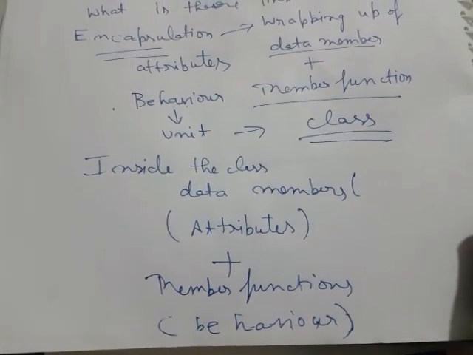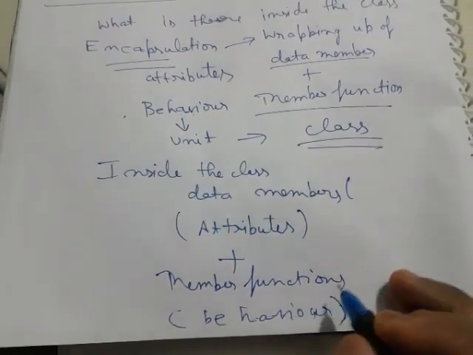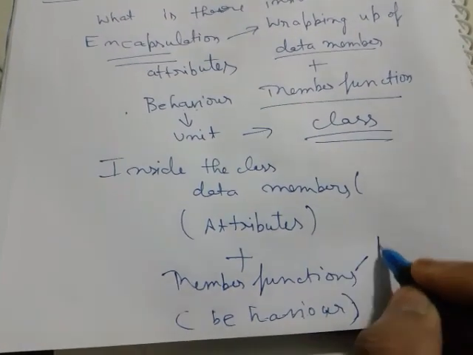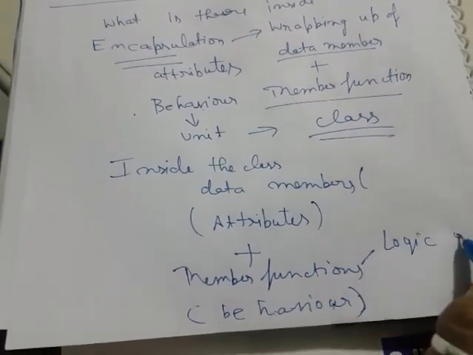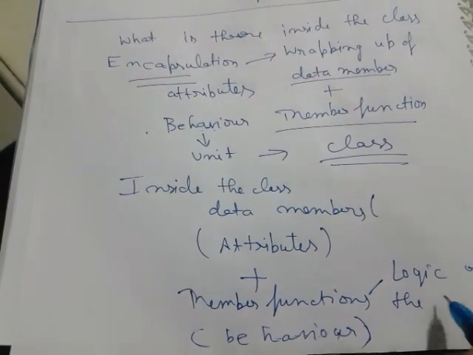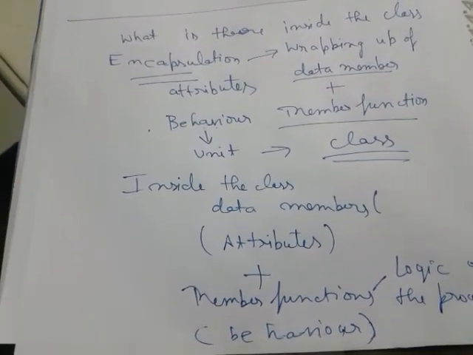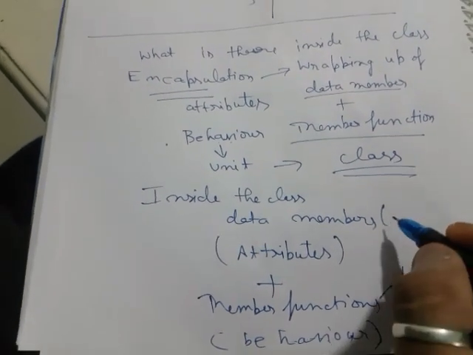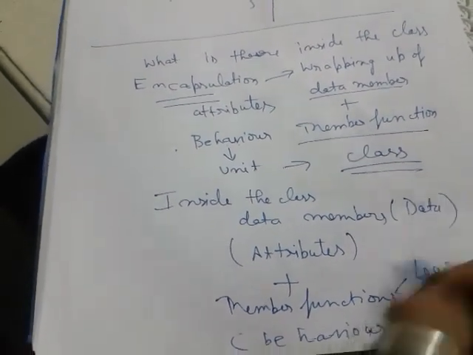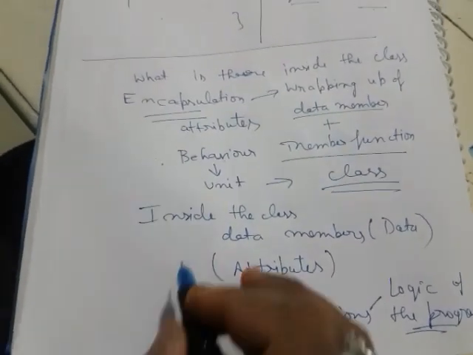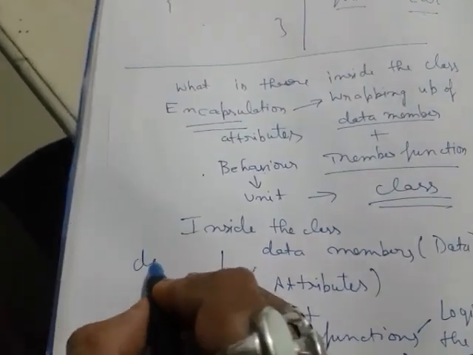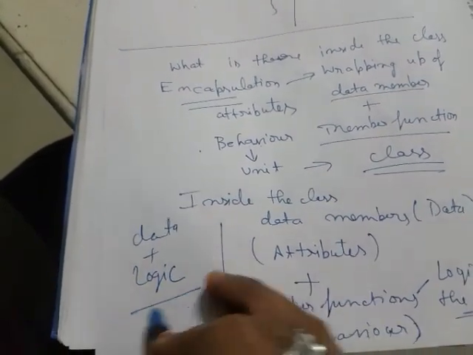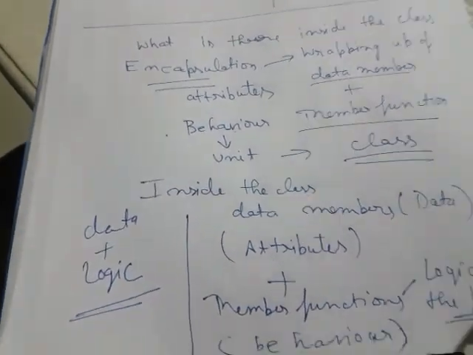So let me tell you one very interesting thing, that these member functions are there to store the logic of the program or the Java program. And data members is all about data. Alright, and if you are able to understand data and logic perfectly, that means you are a perfect programmer.